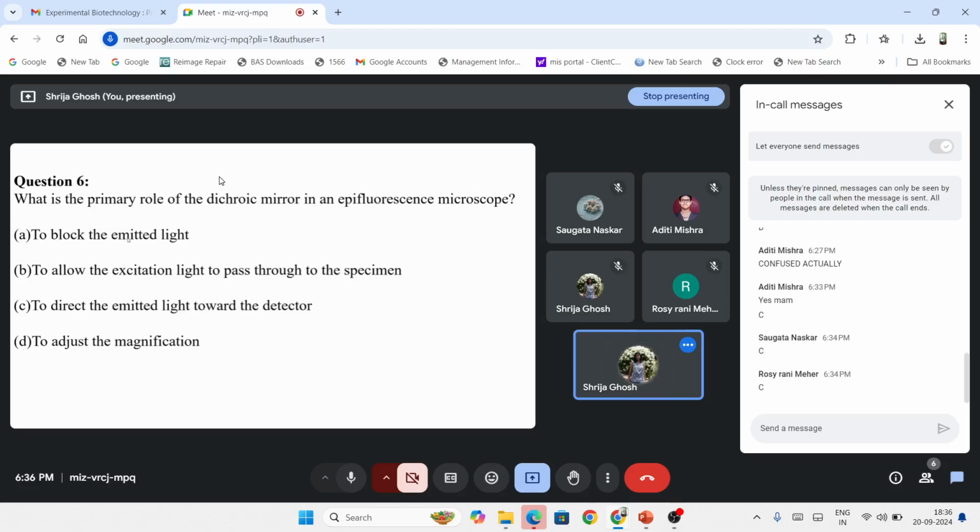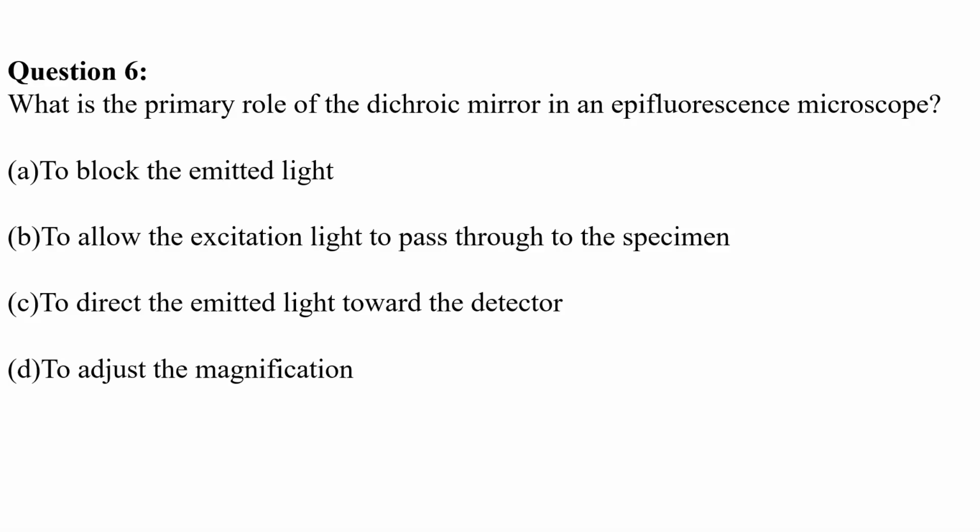Question number 6. What is the primary role of the dichroic mirror in an epifluorescence microscope? Option A, to block the emitted light. Option B, to allow the excitation light to pass through the specimen.